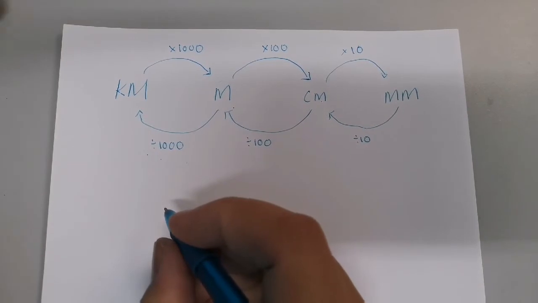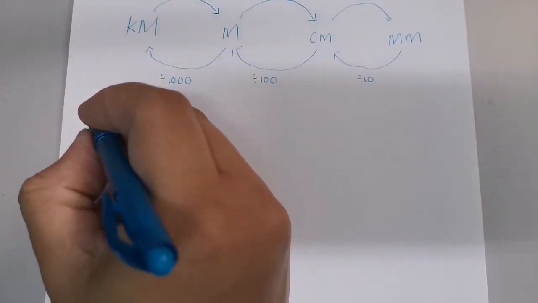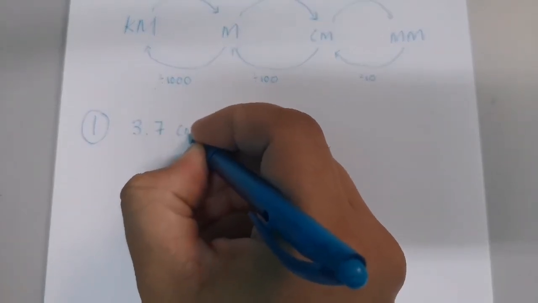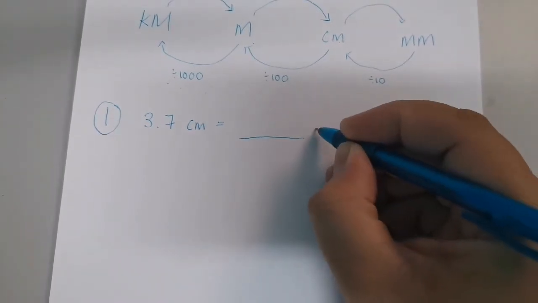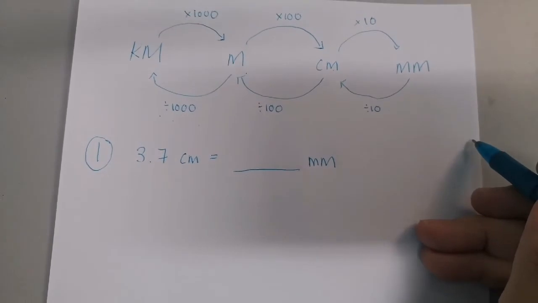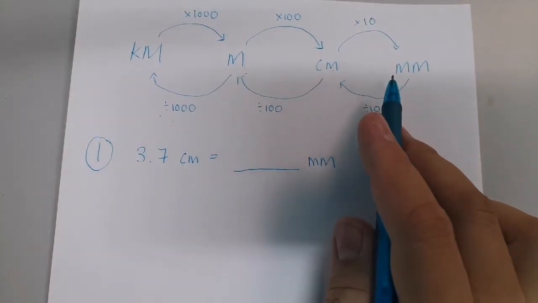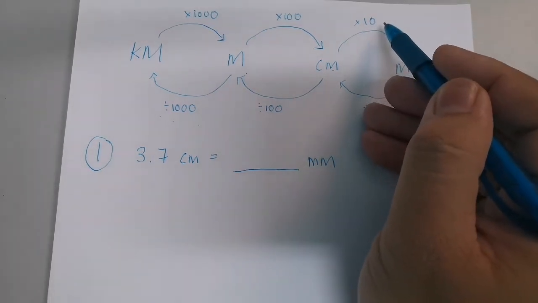Let us continue with examples. Example number 1. Let's take 3.7 centimeter. You want to convert it to millimeter. As you can see here, the formula centimeter to millimeter, you will need to times with 10.